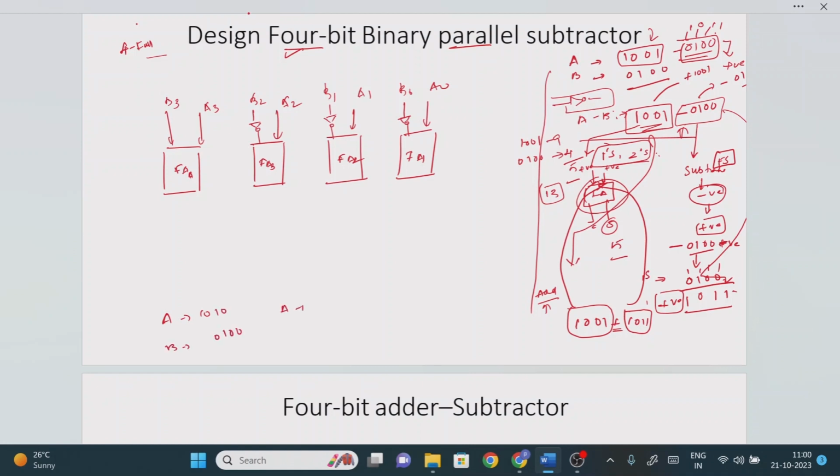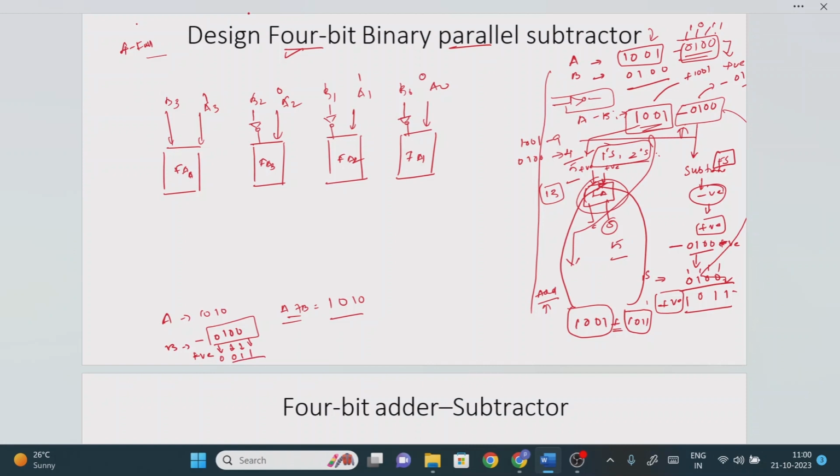Now A minus B means, right? In terms of the 2's complement or 1's complement we are performing, right? So these values remain the same, right? So this 1010 is the same. Whatever the B bit value is, the negative number, first we need to convert into a positive number, right? So for that we need to perform the 1's complement, right?